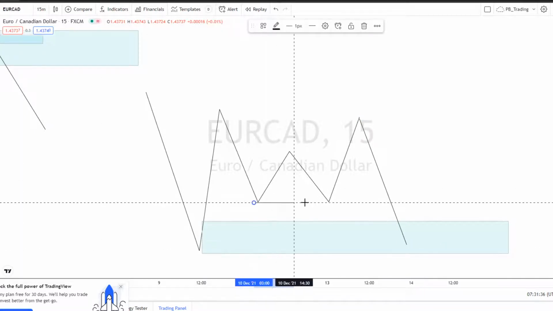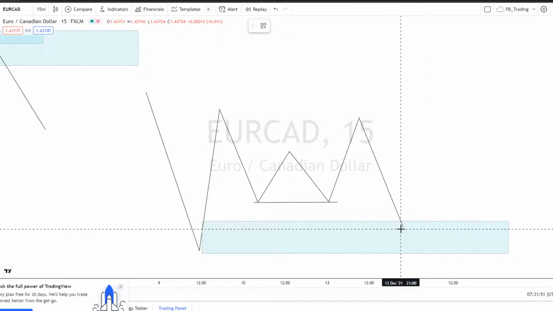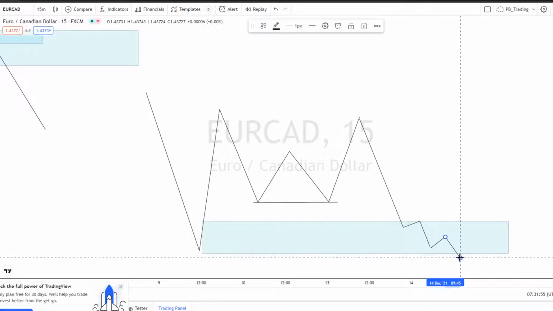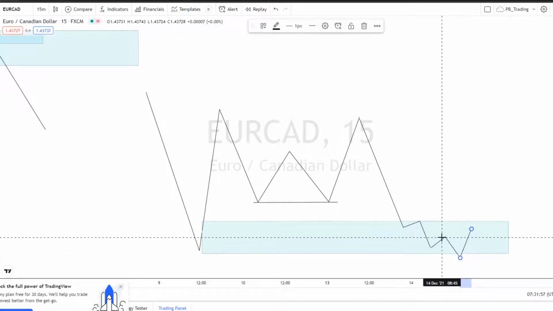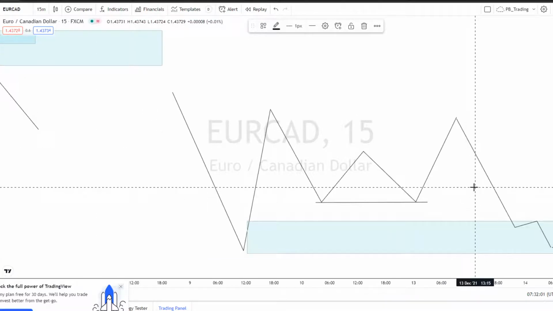We have equal lows here into our sensitive zone. Again, for this instance, we are going to be looking out for structure in the zone in the lower time frame, 2, 3, and then breaking structure here, and then a pullback to a sensitive zone in the lower time frame.